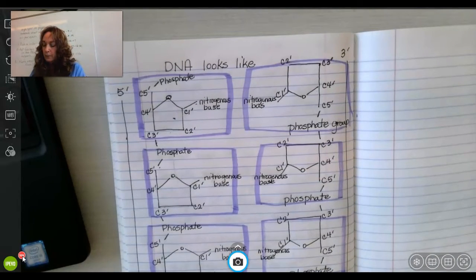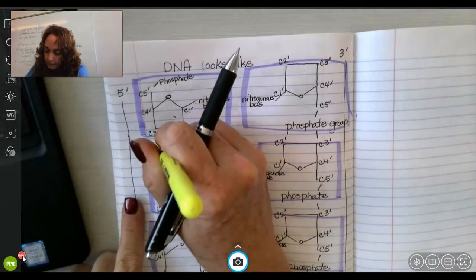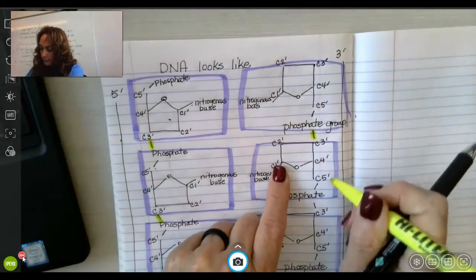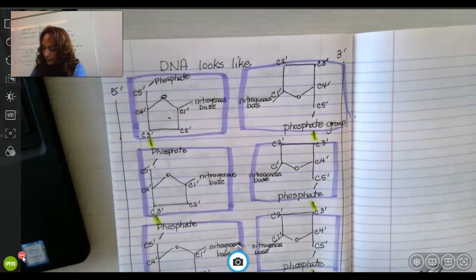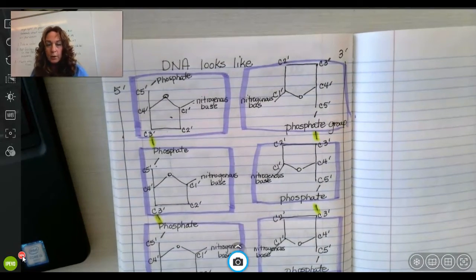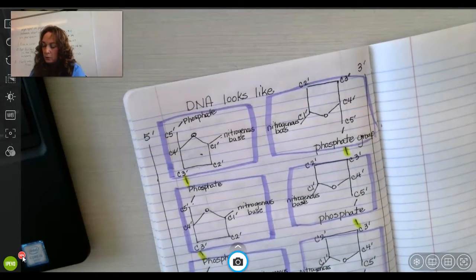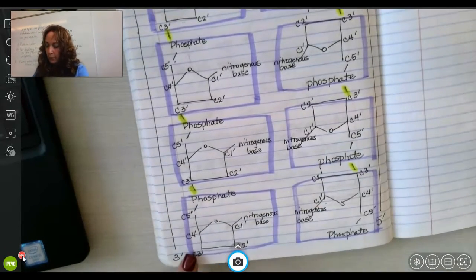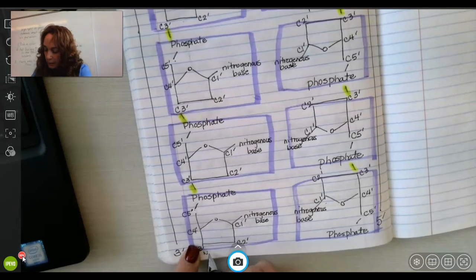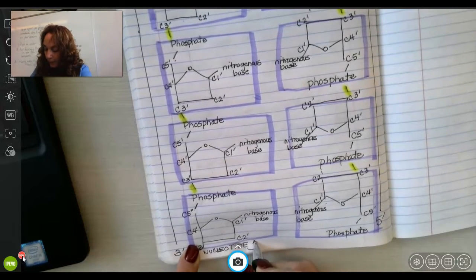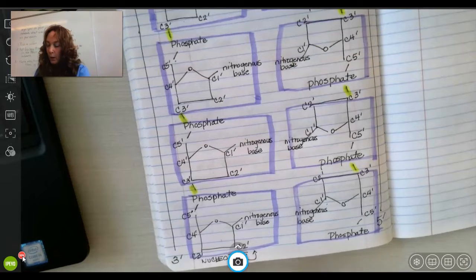This bond right here between each one of these nucleotides. So let's write on here, maybe down here, I've got room. So this is a nucleotide. Nucleotide, right there. That's one.